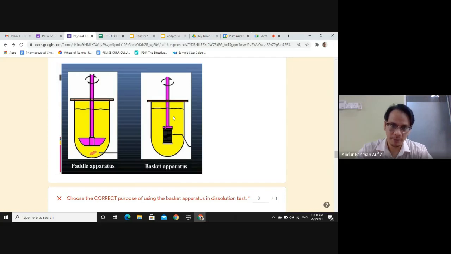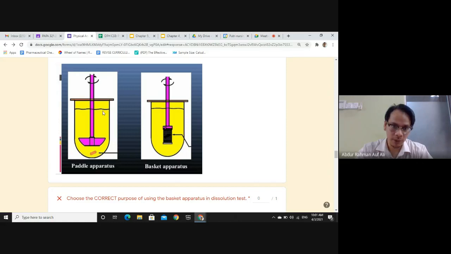So dalam vessel ni ada medium, kita masukkan tablet atau capsule, kita nak tengok berapa banyak API yang larut dalam medium ni. Okay, so kalau the capsule terapung duduk di atas, the API tidak akan larut sepenuhnya. Okay, kalau tablet, kita masukkan tablet dalam medium ni, dia akan larut. So the goal is we want the tablets and the capsules to be at the bottom here.